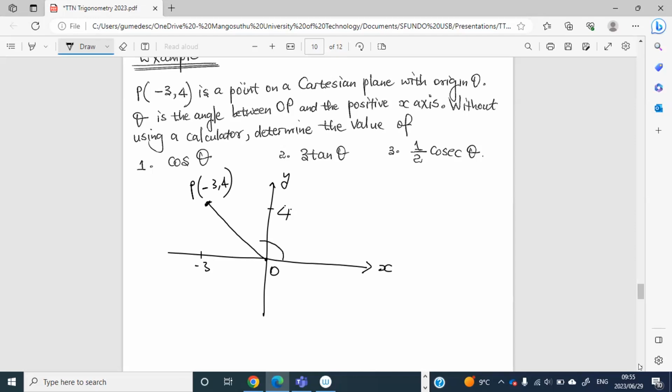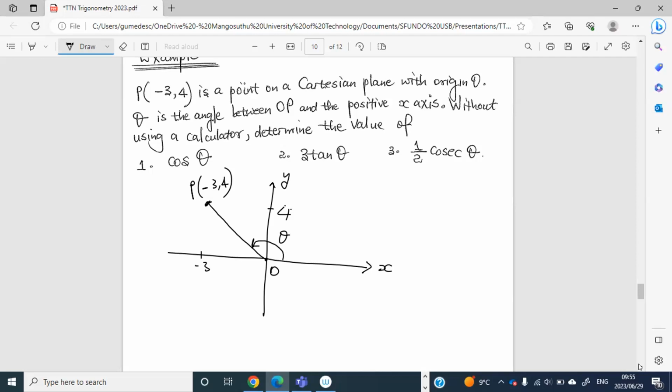So theta is measured here. What we want to find is cos theta and tan theta, as we did in the previous slide.